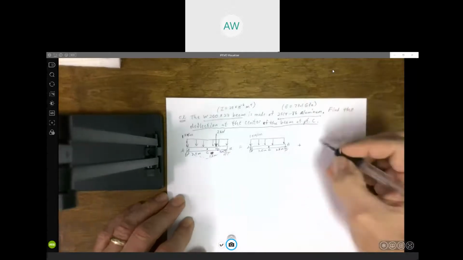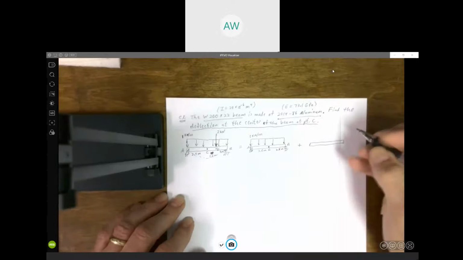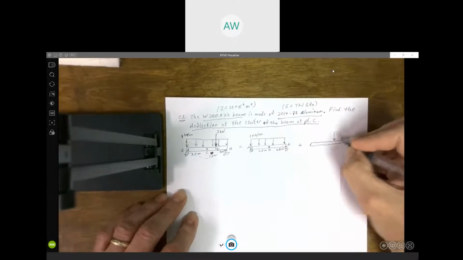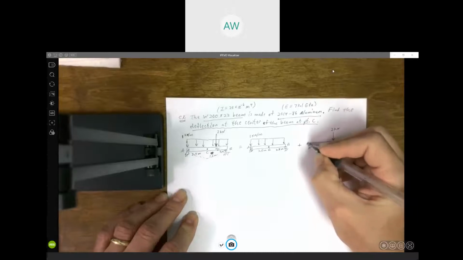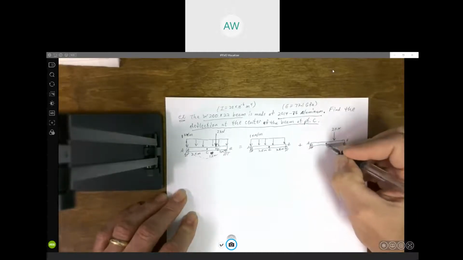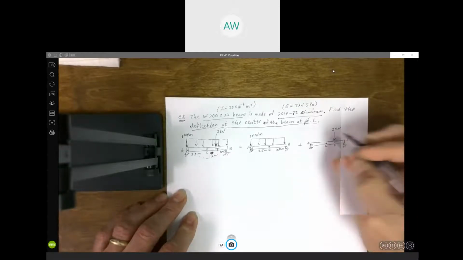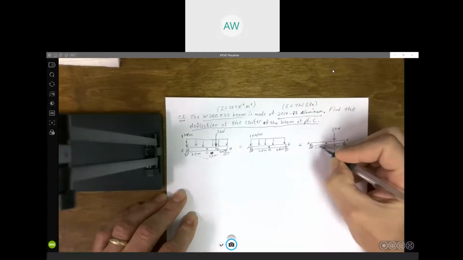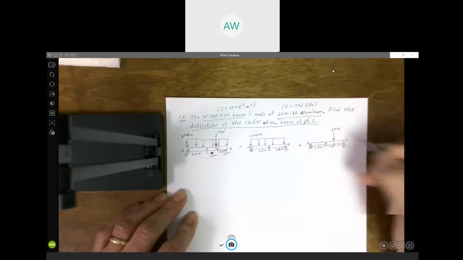And then we've got our second loading, which is just this concentrated force, 2 kilonewtons. You see, here's B. We've got 2.5 meters, 1.5 meters, and 1 meter.